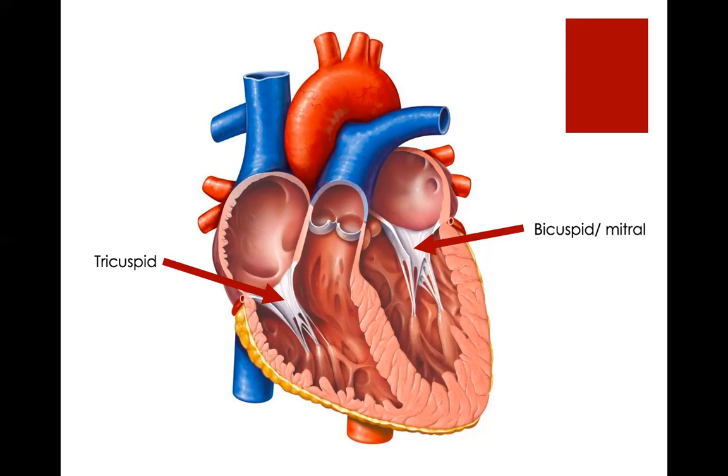Which one is the ideal condition? Going through the pulmonary trunk, and the one that you don't want to happen is going back to the right atrium. So when your right ventricle is contracting, the tricuspid valve is engaged or closed to prevent the backflow of blood into the right atrium.